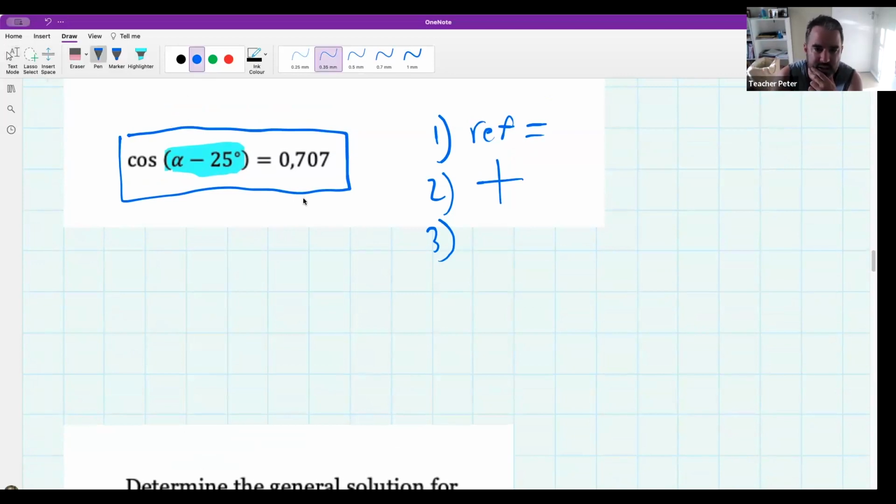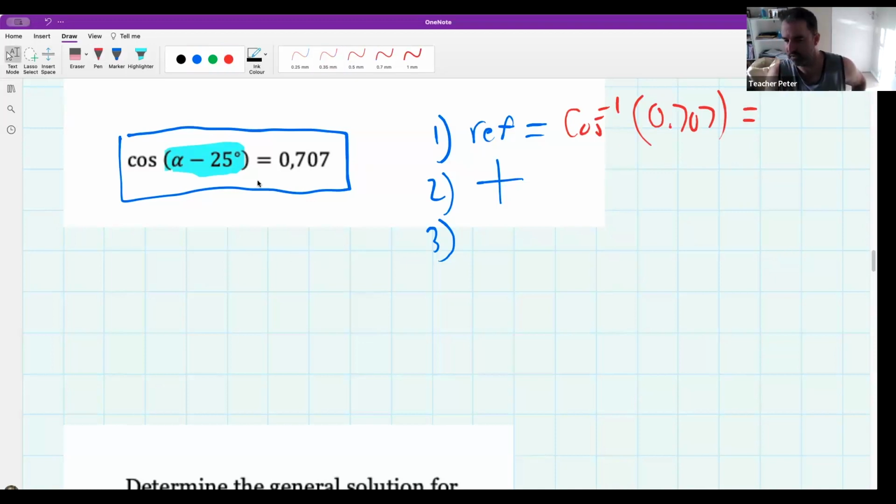And what is your reference angle and what quadrants are you in?